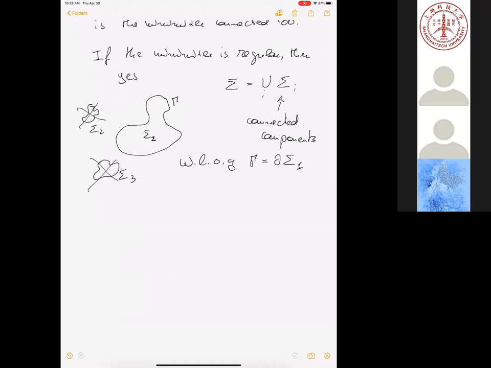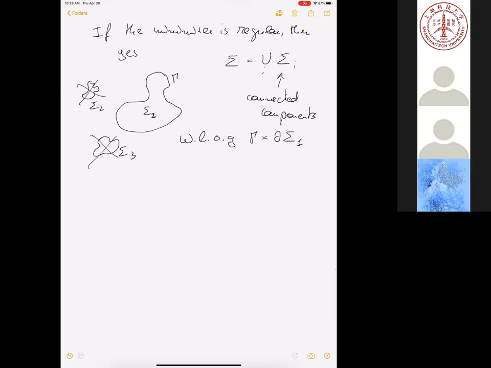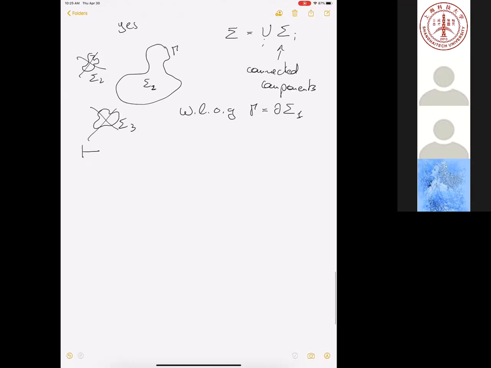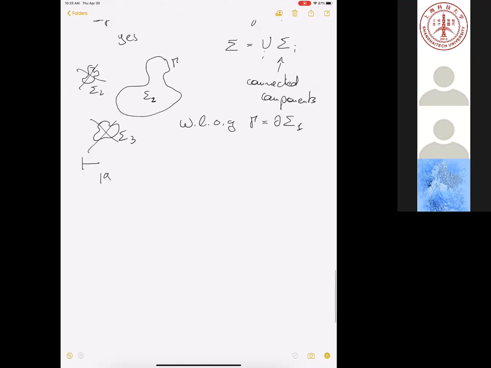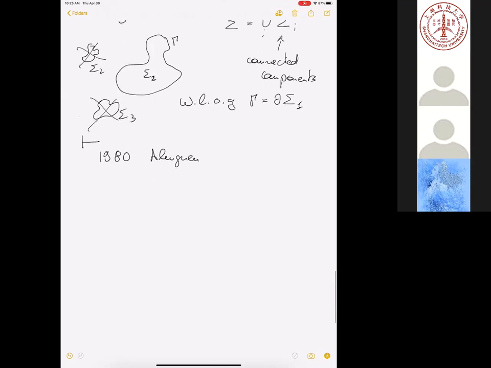So this is an interesting question, and let me tell you immediately that back in his big regularity paper in 1980, Almgren gives the answer, as a corollary of a very famous theorem of his, that this is yes in Euclidean space, and I will explain what happens there.